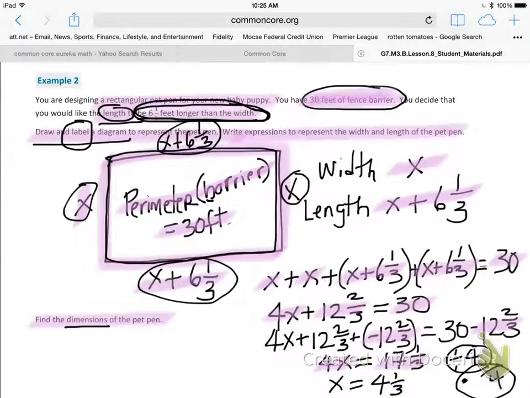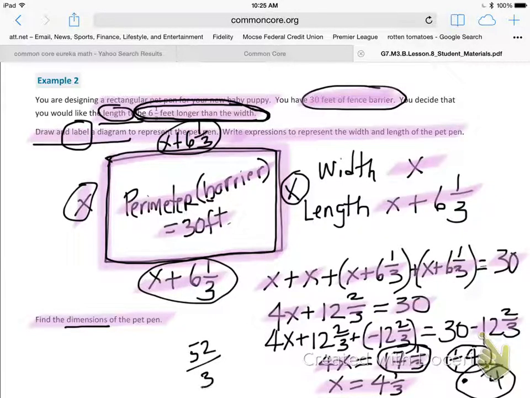Then I got x equals 4 1/3. One way to do it is to make an improper fraction, which is 52 over 3.